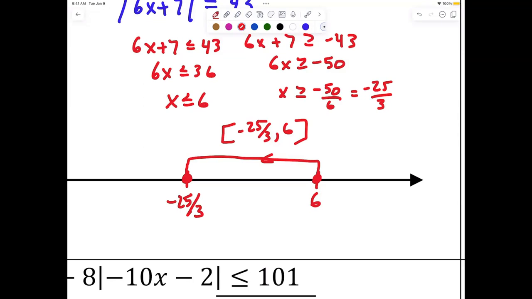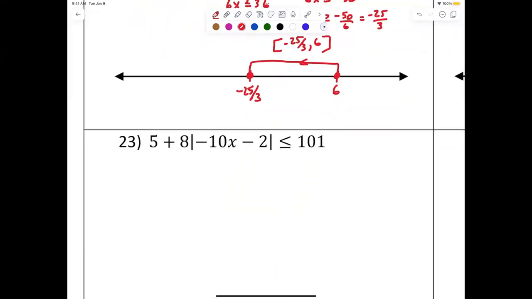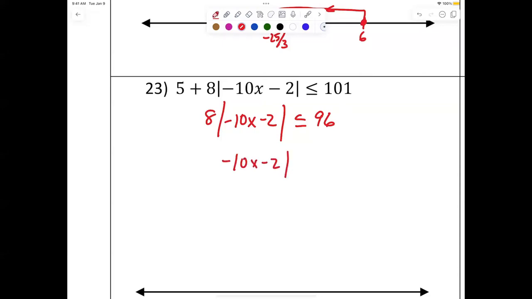All right, last one for me. What do I have to do first? Subtract 5. What is that? Then what? That's what? Are we good with that?